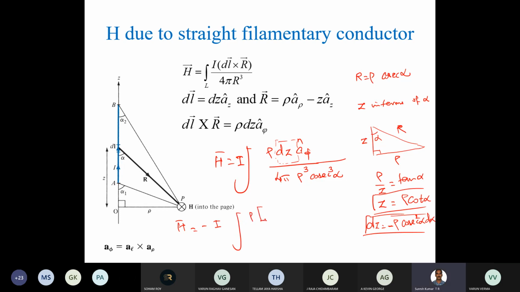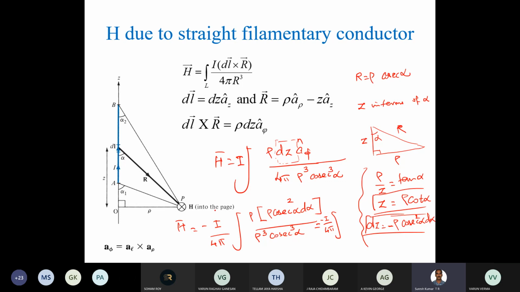So rho into rho cosecant square alpha into d alpha over rho cube, with 4 pi being a constant term. If you simplify, what you will get? Minus I over 4 pi integral.